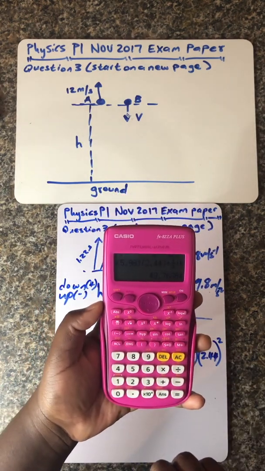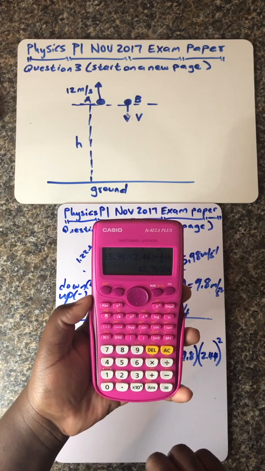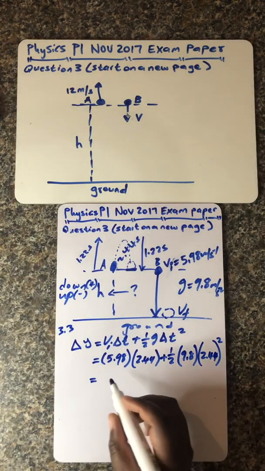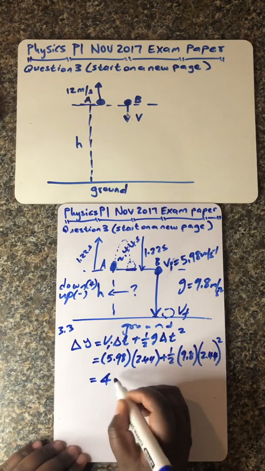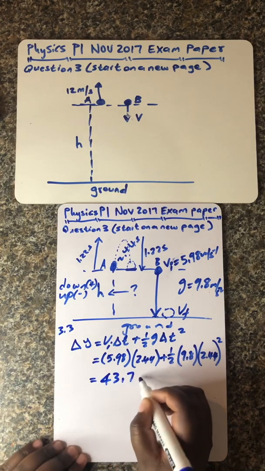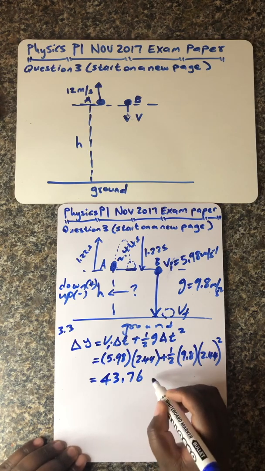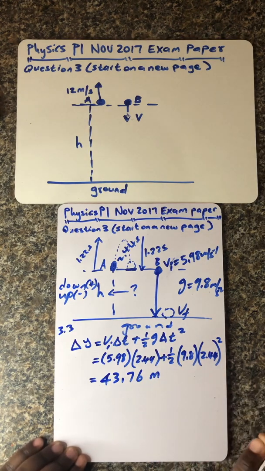Press the equal sign and you get 43.76 to 2 decimal places. Remember guys, the unit is meters.